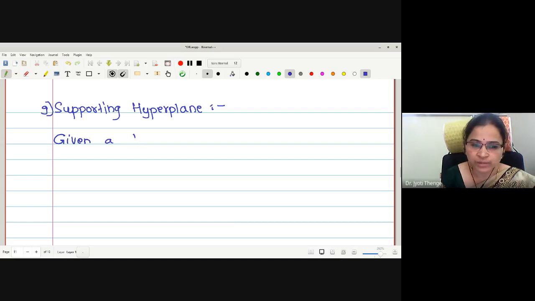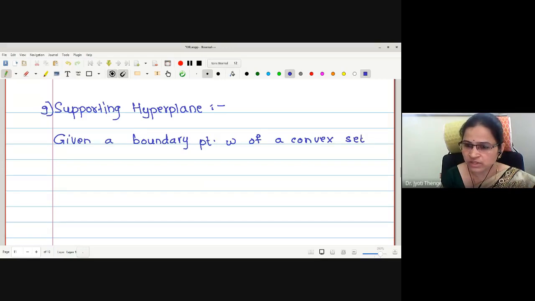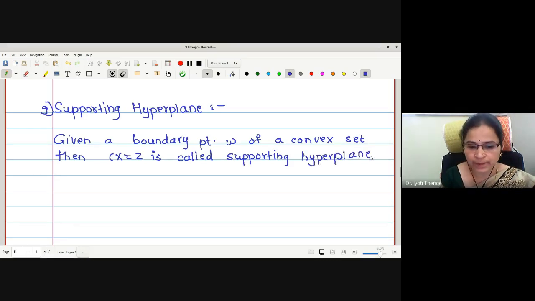Given a boundary point W of a convex set, then Cx equal to Z is called a supporting hyperplane at W if CW is equal to Z. CW is equal to Z means what?